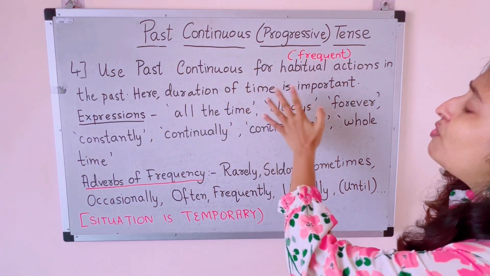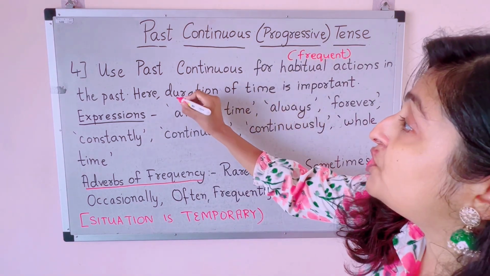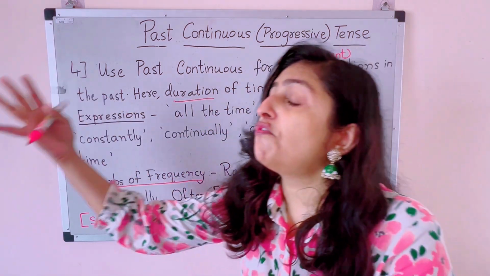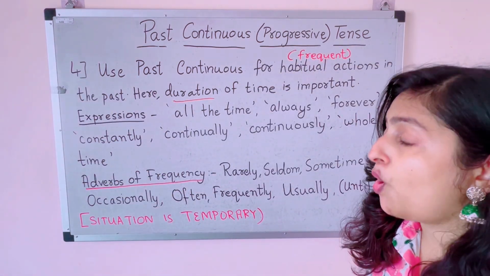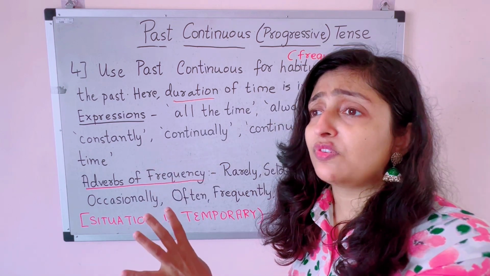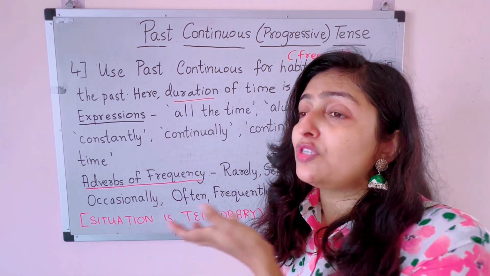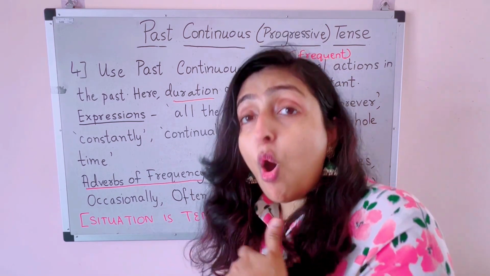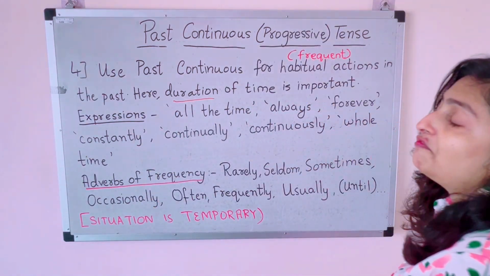Here, the duration of the time is important. Duration, the extension of time, the period of time is important. If you look at these words or expressions, you can realize that all these words and expressions represent or imply the passage or the duration of time.